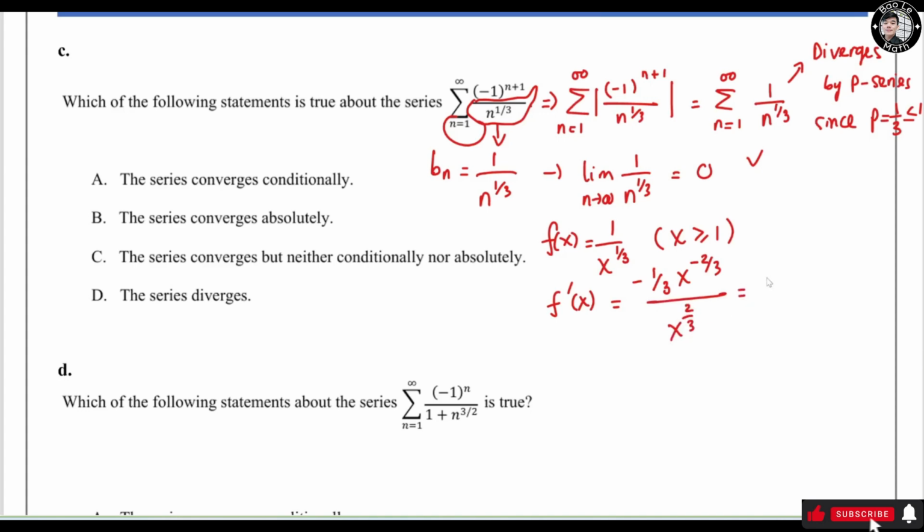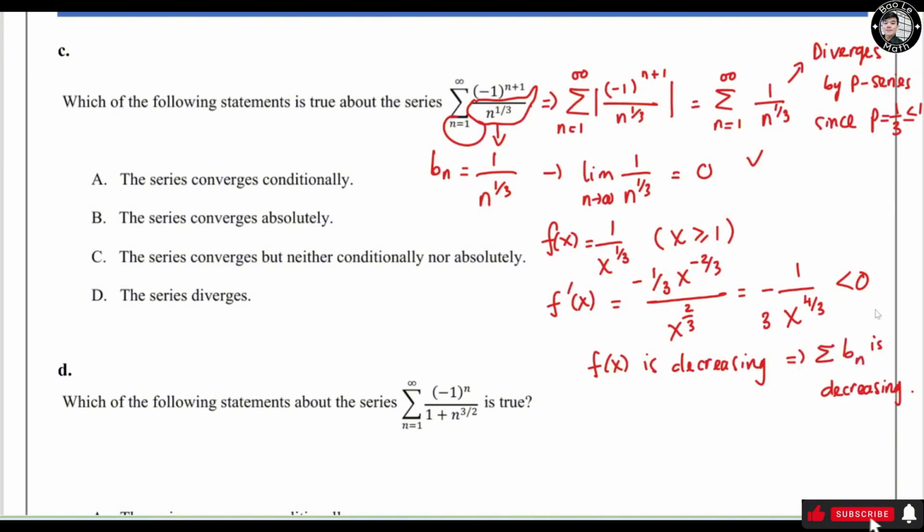So it's negative 1 over 3 s to the power of 4 thirds, and this is always less than 0. So f of s is decreasing, and the sequence b sub n is decreasing. The second condition is met, so you can conclude that this series converges conditionally.